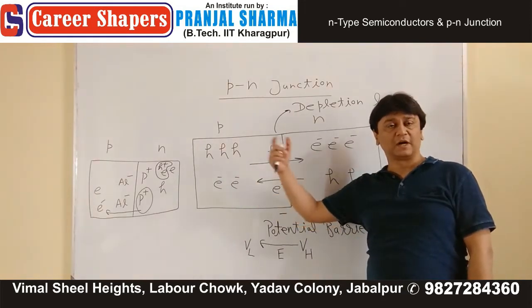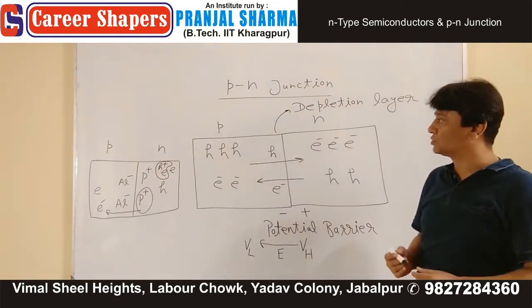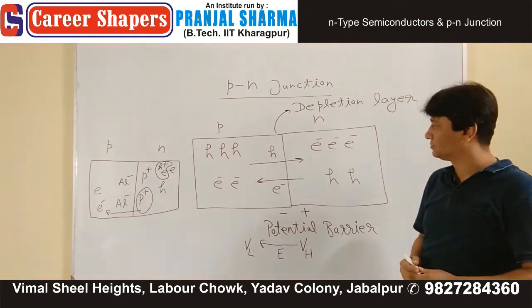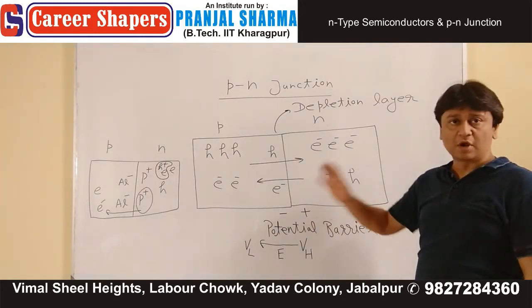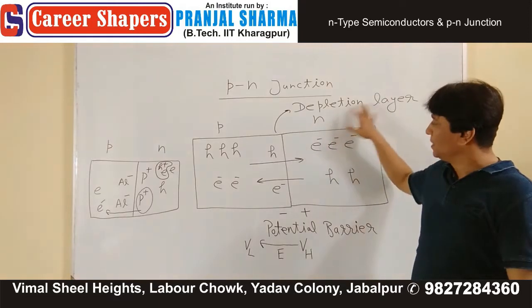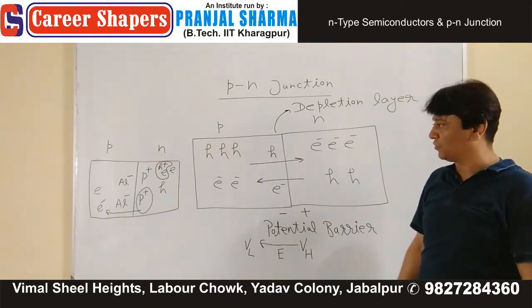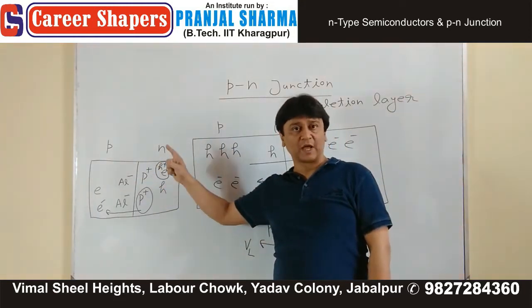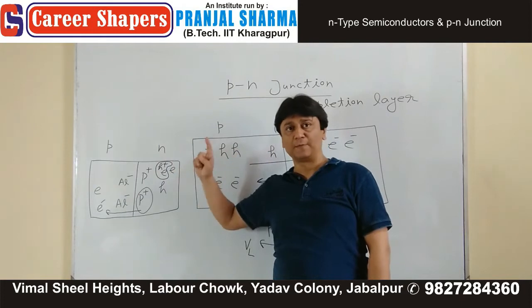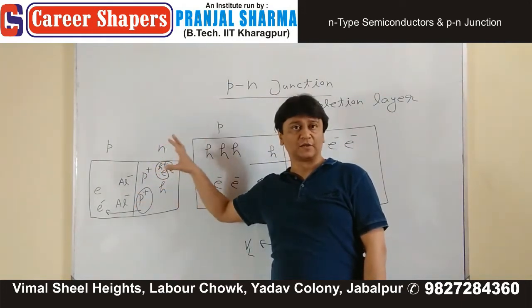Therefore, after a certain time, no further diffusion is going to take place. Are you comfortable with the origin of the depletion layer, potential barrier, direction of electric field? There is an absence of charge carriers, not an absence of charge. Charge is present, but in the fixed form.